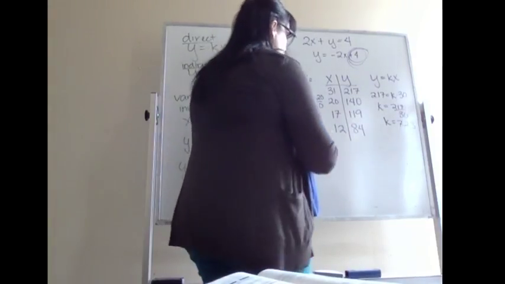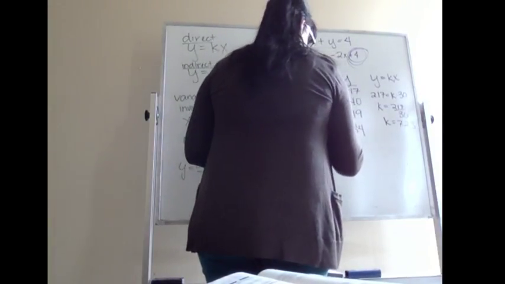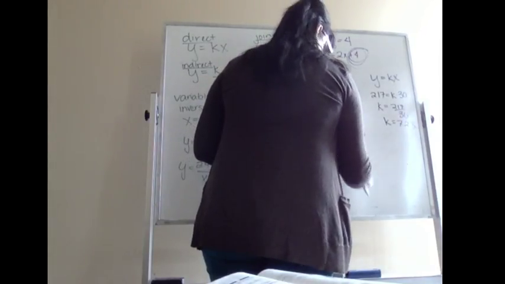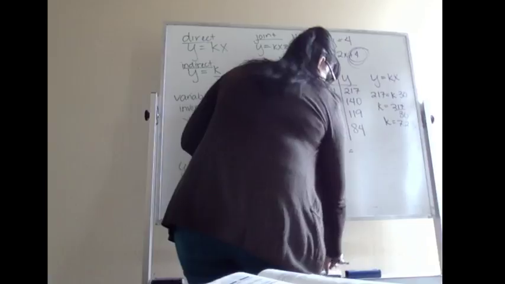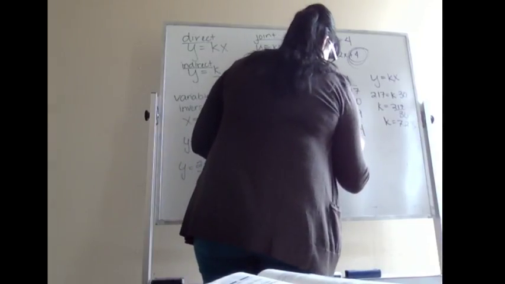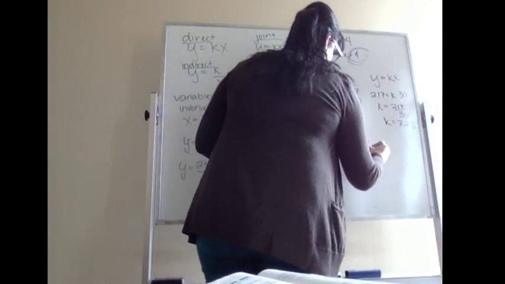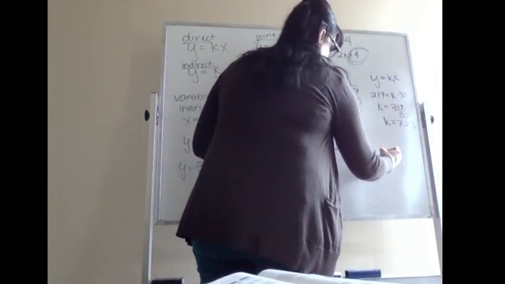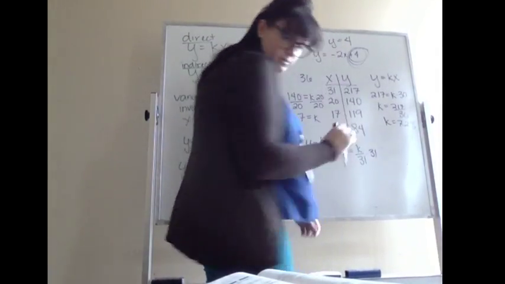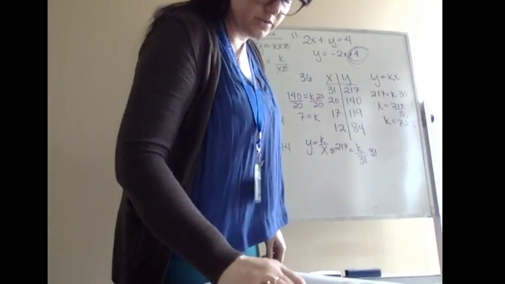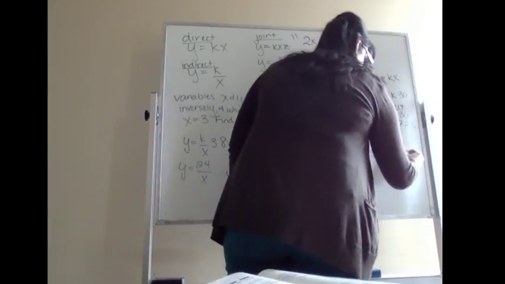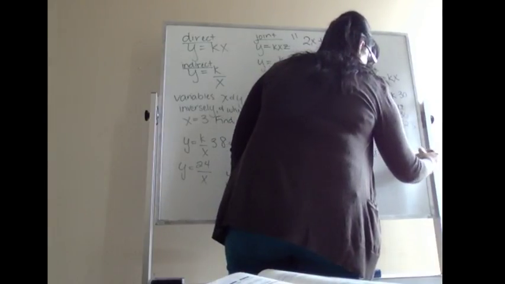Okay. So now we're going to try y equals k over x. So 217 equals k over 31. So in this case, multiply both sides by 31. 31 times 217 is 6,727.